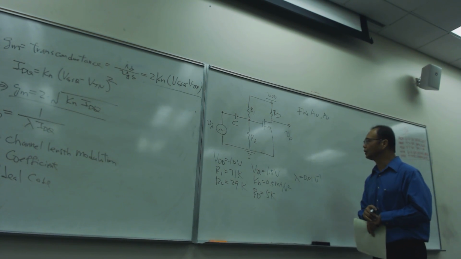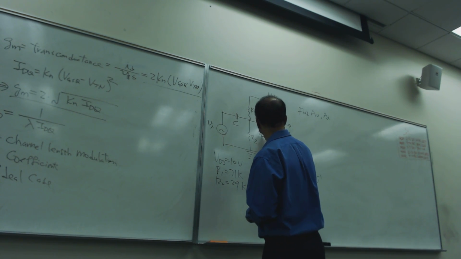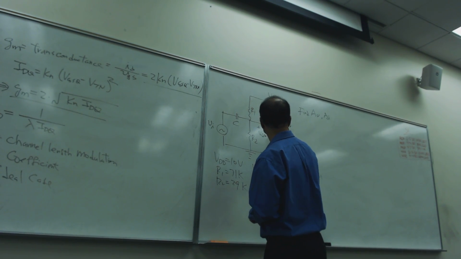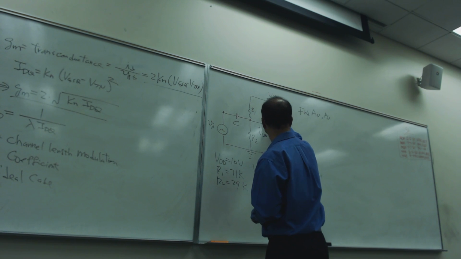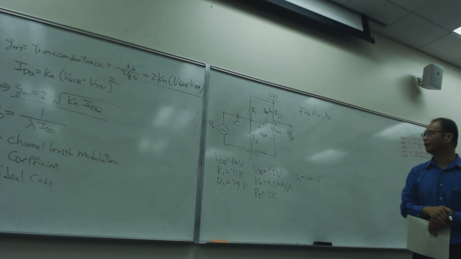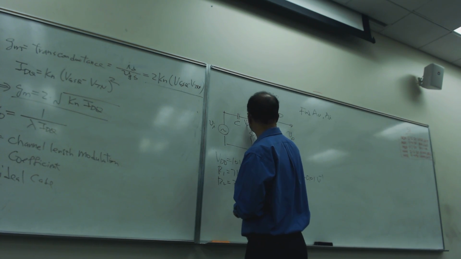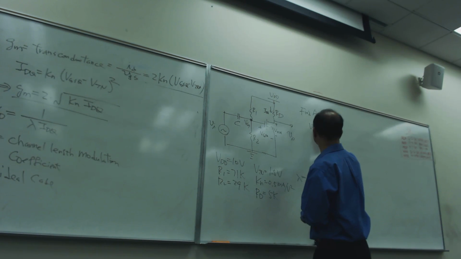The first thing you have to do is the DC analysis, right? So this is VGSQ and IDQ. We can call this VG, so you can see VG is equal to VGSQ.